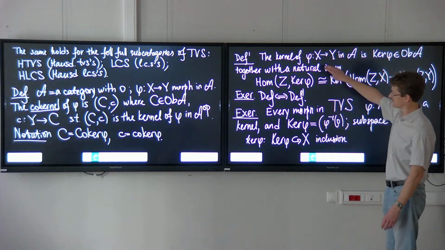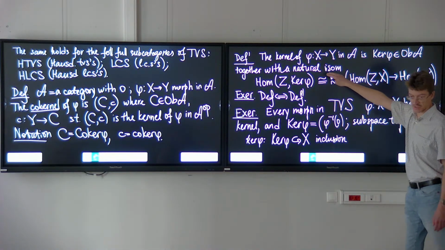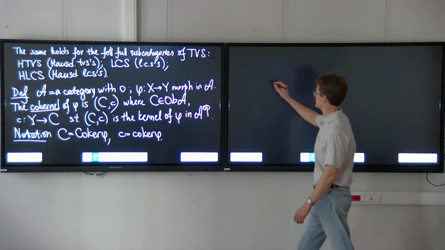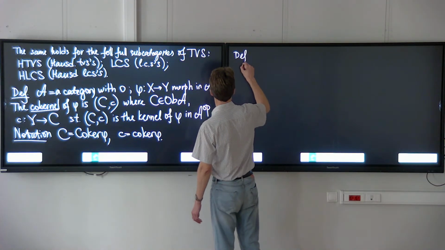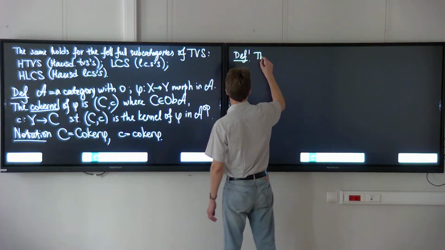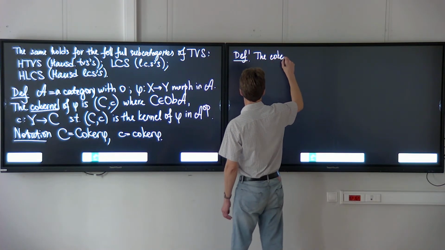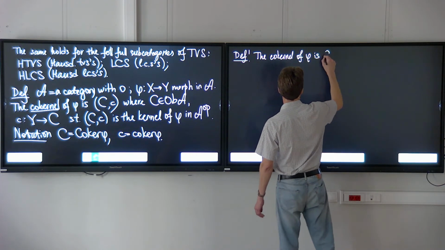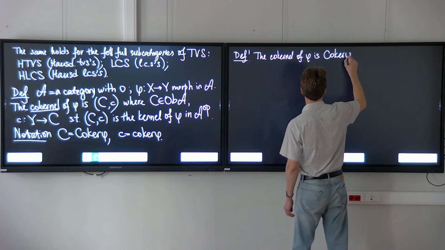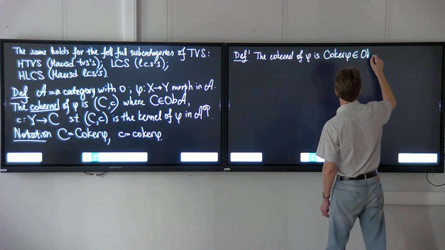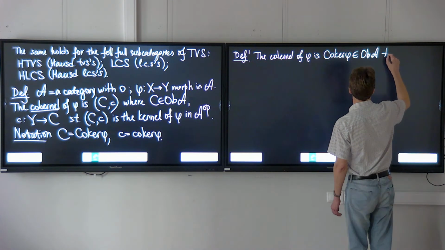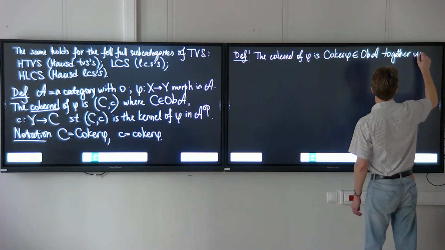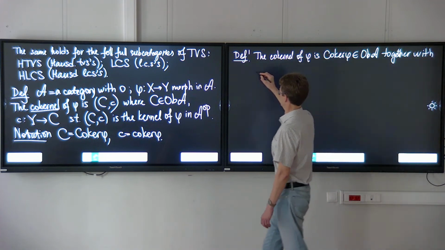And an equivalent definition in the spirit of this one looks as follows. Definition prime. The co-kernel of phi is an object of our category together with the following natural isomorphism.